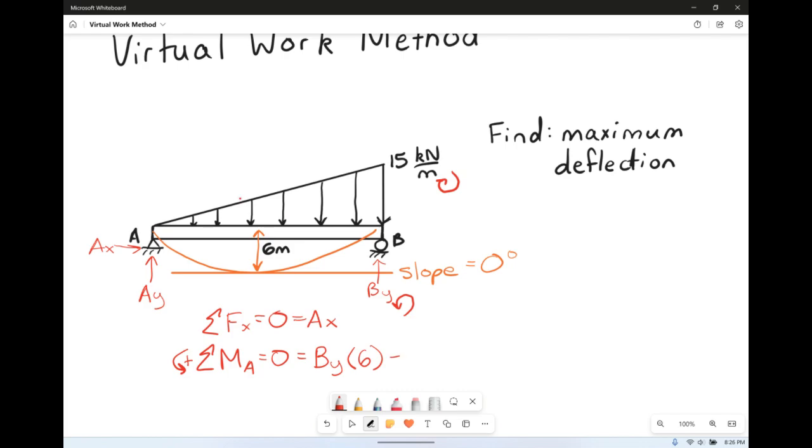So negative 1/2 the base of 6 meters, the height of 15 kilonewtons per meter, times the distance from its centroid, which is about there, so 2/3 of the base. That's going to give us BY equal to 30 kilonewtons. And this is going up.